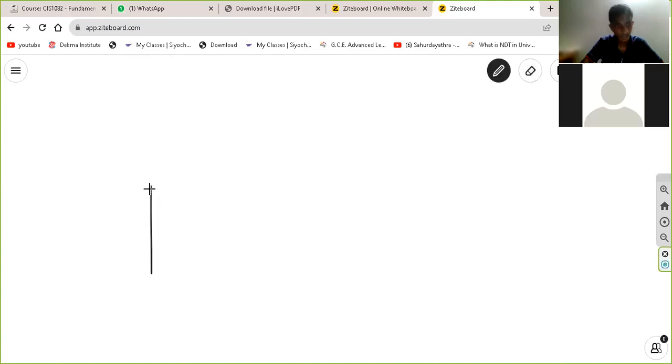This is the right circular cylinder container of base radius R, filled with water to a height of 12 centimeter.